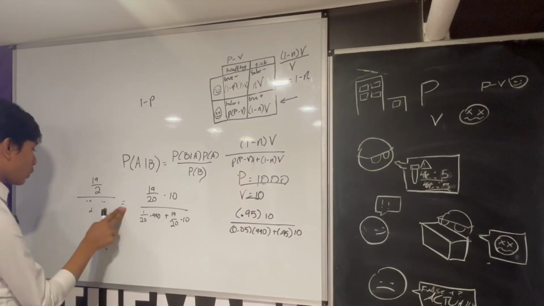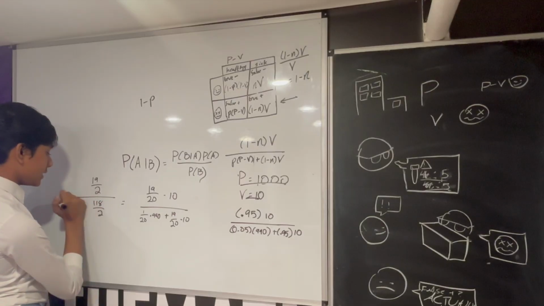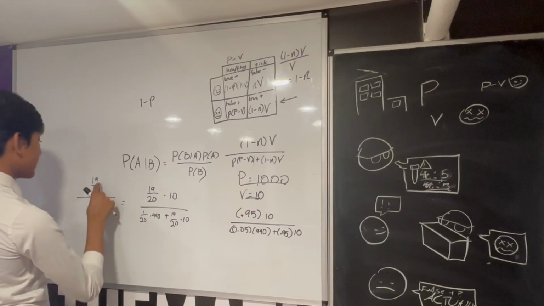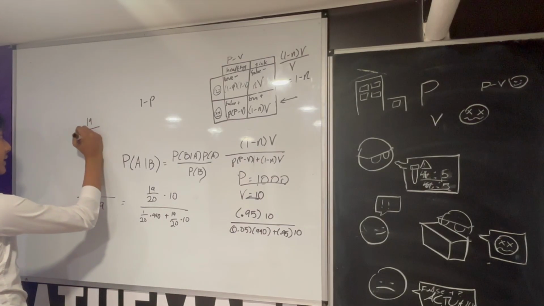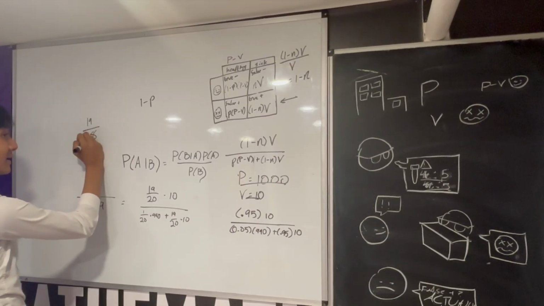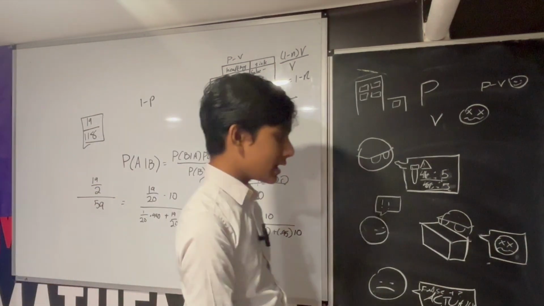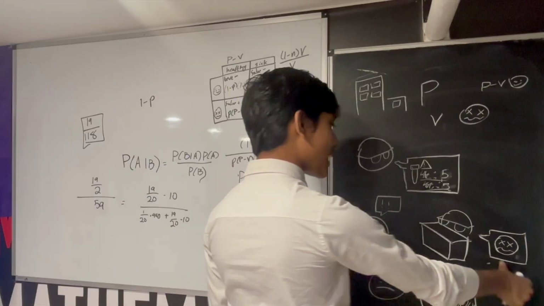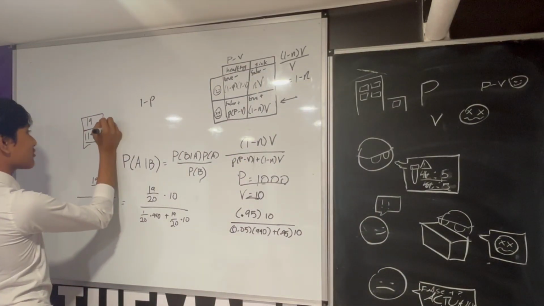So this is 118 over 2, which is 59. And so 19 over 2 over 59 is going to be 19 over 118. Yes, that's the chance that if the test comes back positive, that it's correct. 19 out of 118.